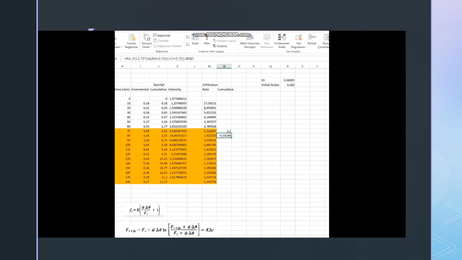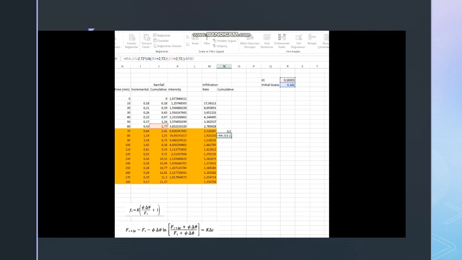Our first guess is again, let's say this guy, okay? So R4 is fine. R4, previous cumulative infiltration, I will change with this one.